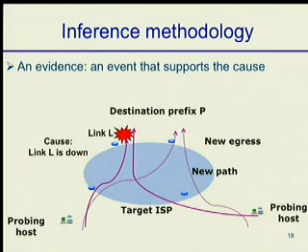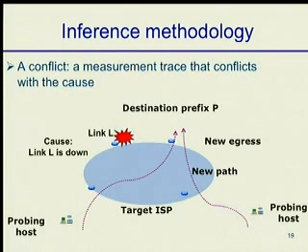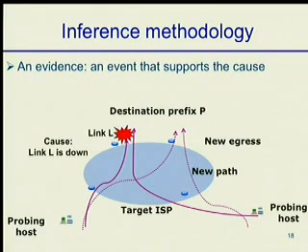One potential cause is that maybe the link that was previously used, the inter-AS link, is down, and as a result you switch to a new egress point. So this is a so-called evidence, essentially an event that supports a particular cause. This is one potential cause; it could be other causes.